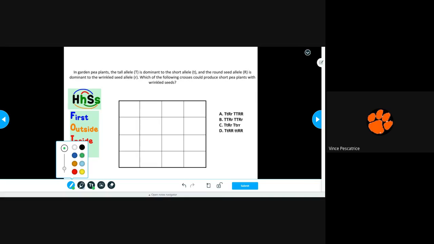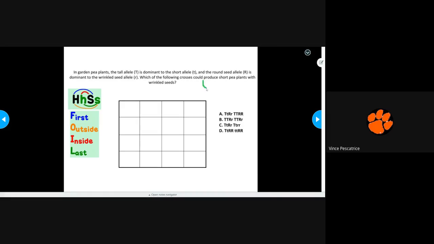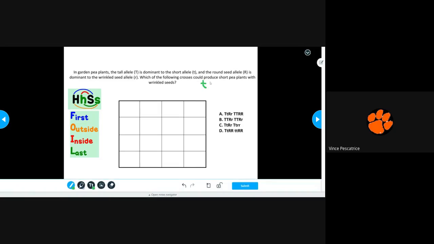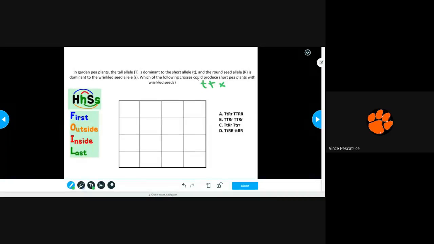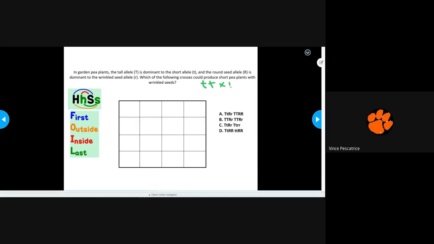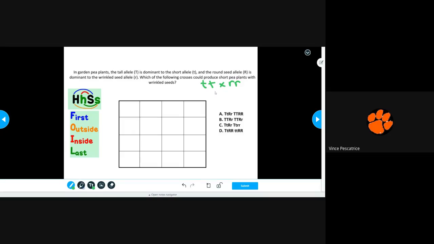So the only way that the short phenotype shows up would be with a homozygous recessive genotype. That means you'd have two lowercase t's, t t. Wrinkled is also recessive, so you would need two little r's. So this right here is the genotype we're looking for.